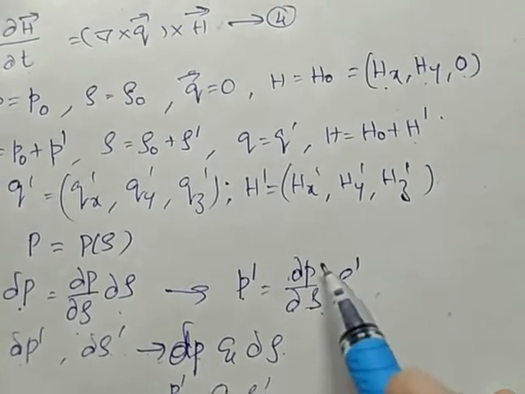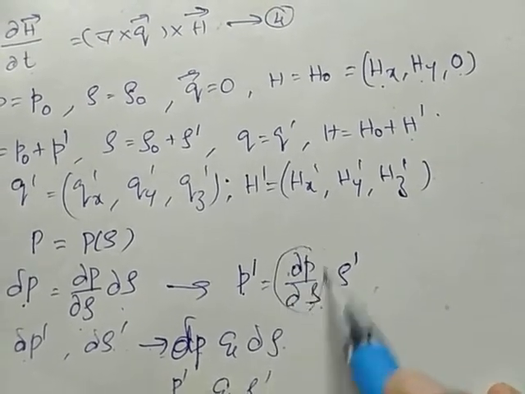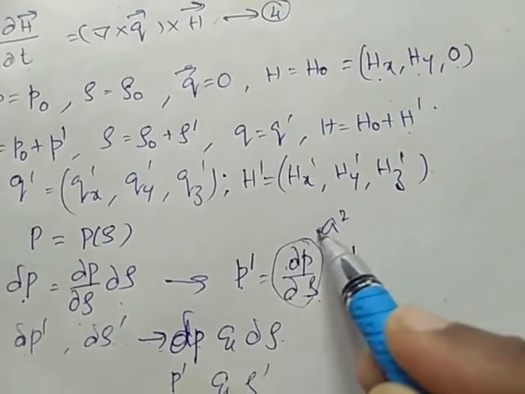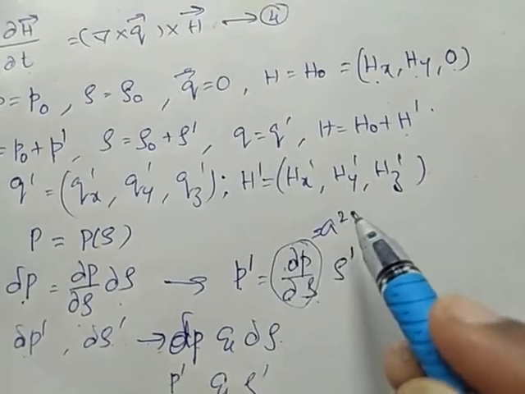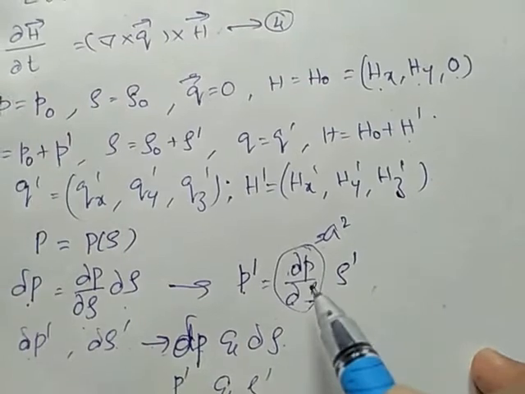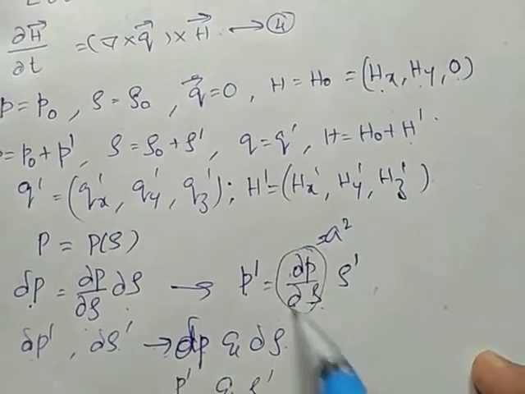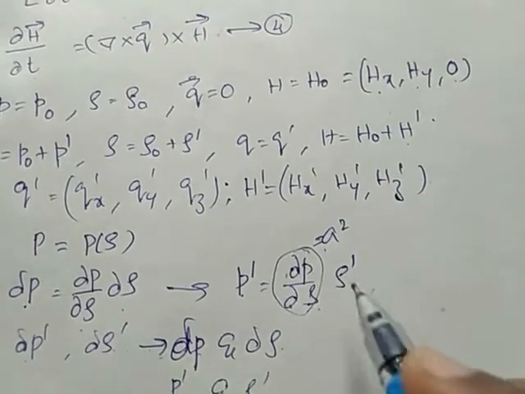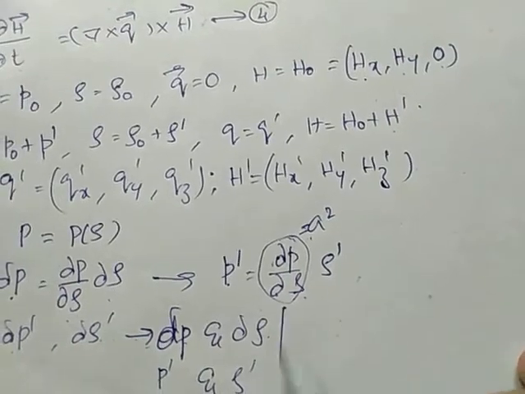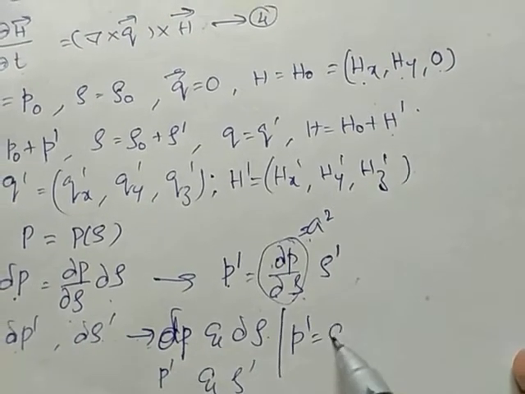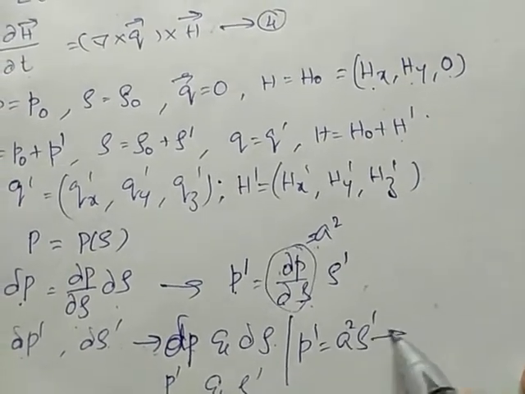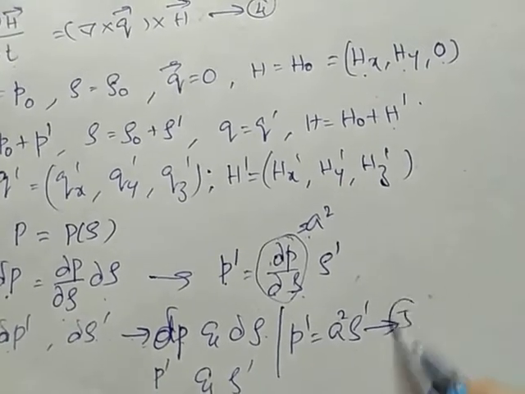Therefore, we can take this as a square, the speed of sound. I am taking this value as a square. Therefore, this becomes P dash is equal to a square rho dash. I will take this as equation 5.